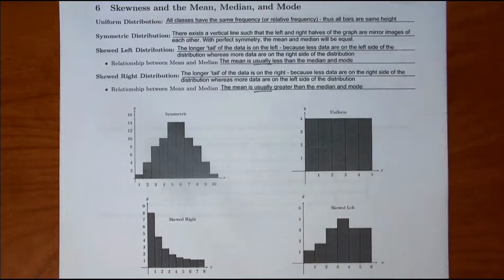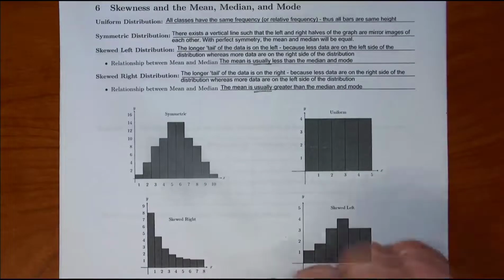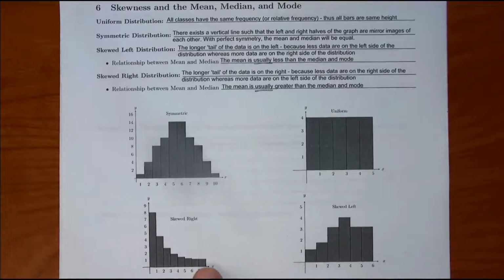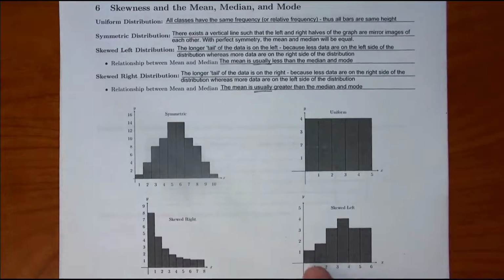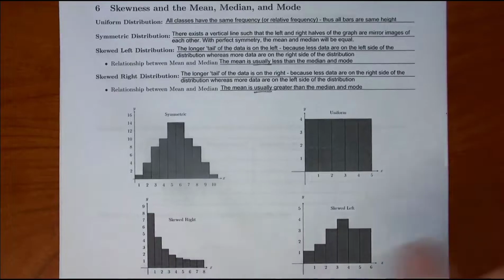Basically, what's happening there is the mean is really susceptible to extreme values, to outliers. So think about your number line. When I say bigger numbers, I mean to the right here. Your bigger numbers are on the right, your smaller numbers on the left. So the mean gets pulled up or down easily, whereas the median not so much.